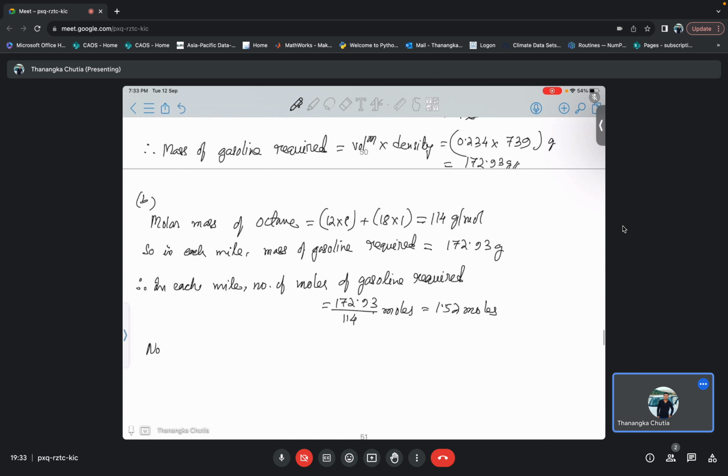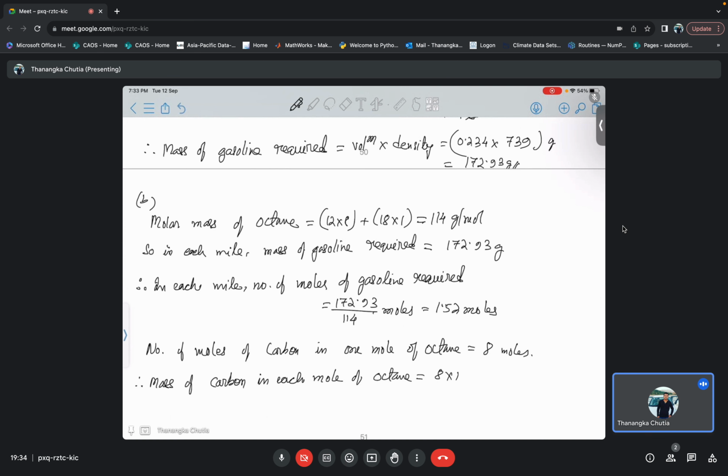Now number of moles of carbon in 1 mole of octane is equal to 8. Yes or no? Therefore mass of carbon in each mole of octane is equal to what? 8 into 12, that is equal to 96 gram.